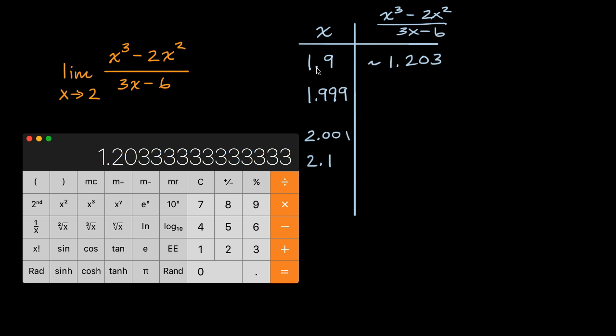Now let's try it with a much closer value of x. So that was just 1.9. Now let's go to 1.999. So once again, we're going to have 1.999 to the third power, and then minus 2 times, open parentheses, 1.999 squared, close the parentheses, is equal to, so that's my numerator, and then my denominator, so divided by, open parentheses, 3 times 1.999 minus 6, close my parentheses, is equal to 1.332.